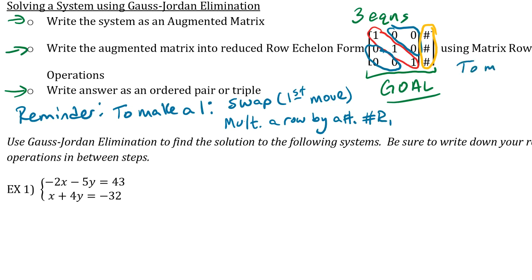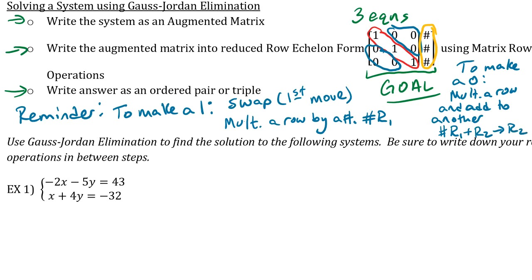Now to make a 0, that's when we multiply a row and add to another. So that was the row operation that looks something like a number times row 1 plus row 2 would replace row 2.